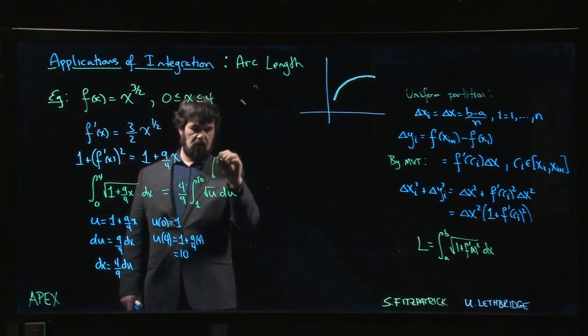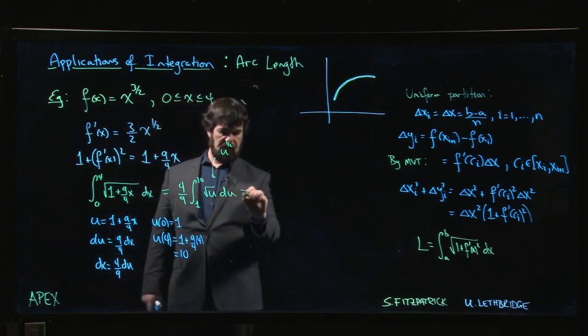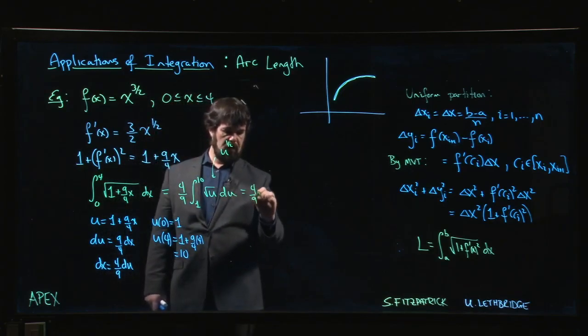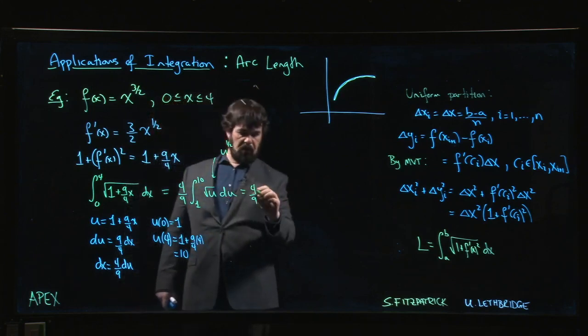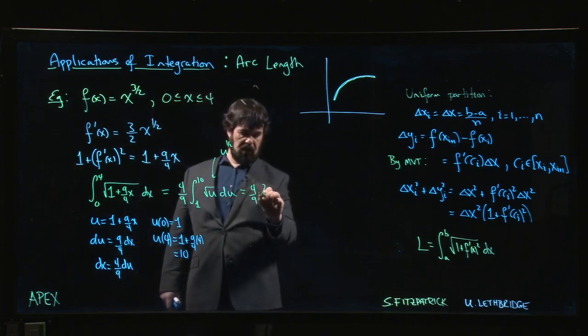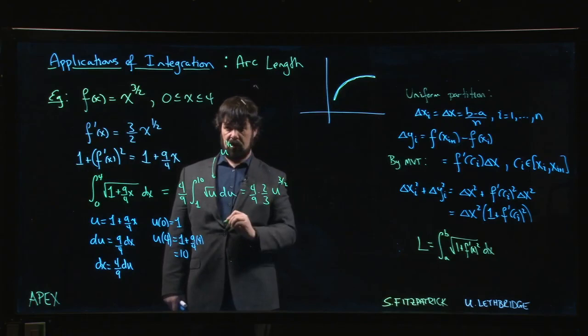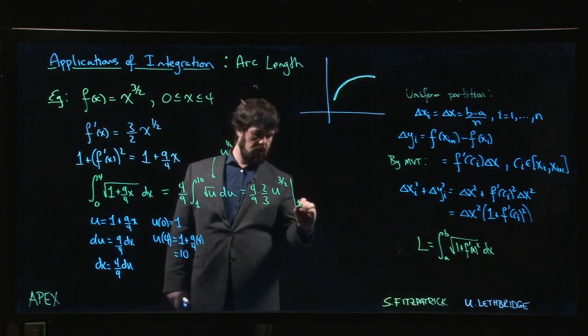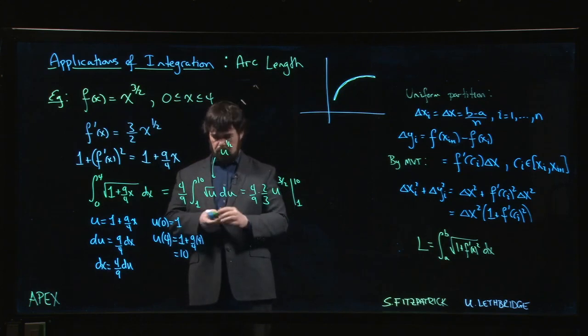So keeping in mind that square root of u is u to the 1/2, power rule says add 1 to the exponent, we get 3/2, divide by the new exponent, so dividing by 3/2 is multiplying by 2/3. 2/3 u to the 3 over 2, and we're evaluating from 1 to 10.